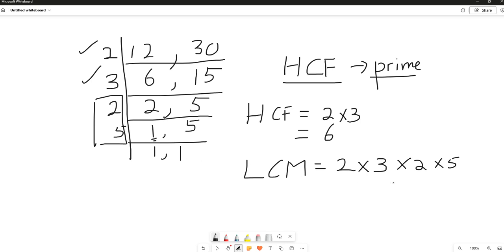This is going to be added to your HCF, and that becomes 60. So that is how we come up with the HCF and LCM. Hope everybody is clear about that. So please make some notes if you need to.